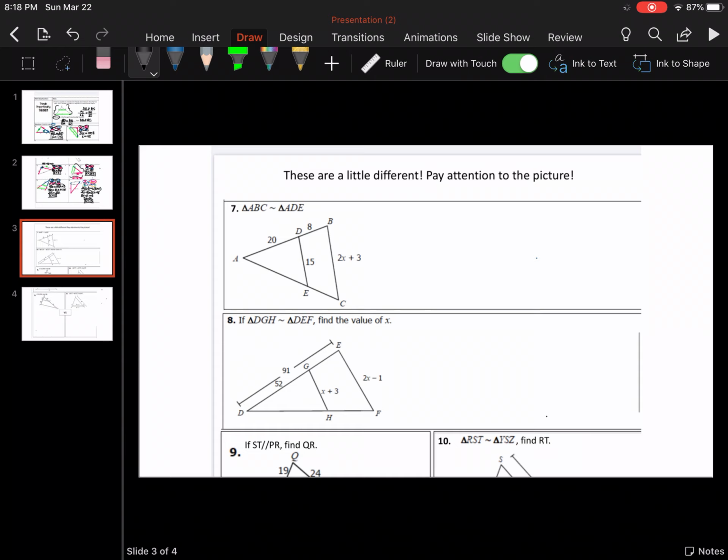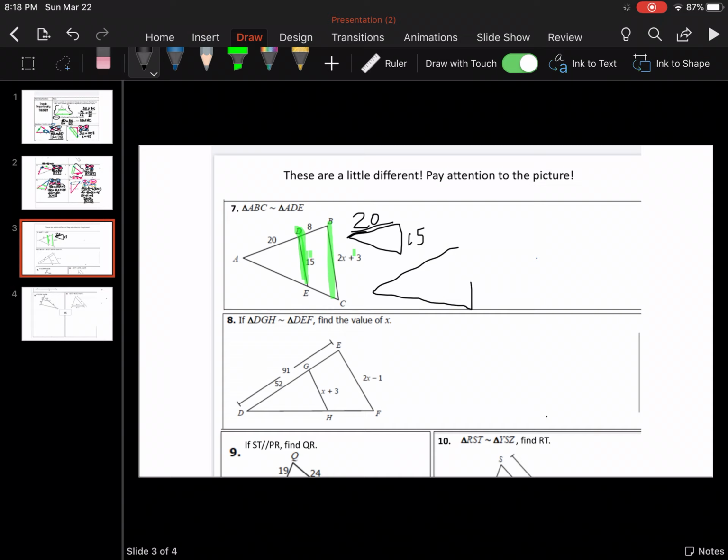Okay, these are different, so you really need to pay close attention. Hopefully you guys see that this and this are actually given values or expressions. When you see this happen, you have to make sure you redraw the two triangles and put the expressions where they belong, because this is a little bit different.